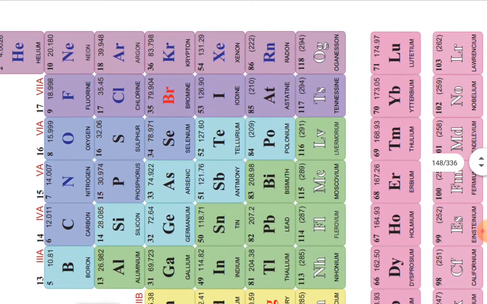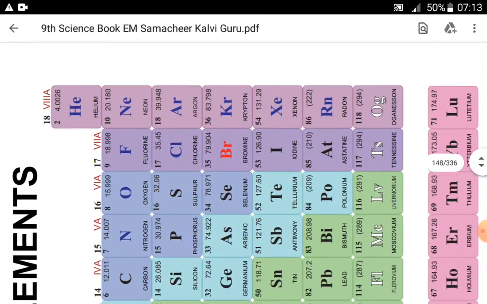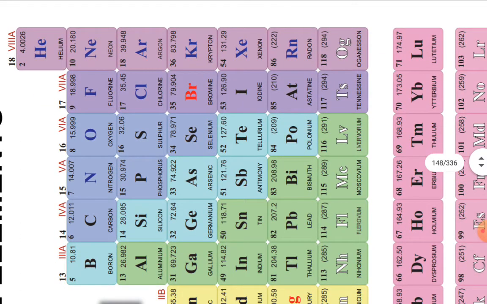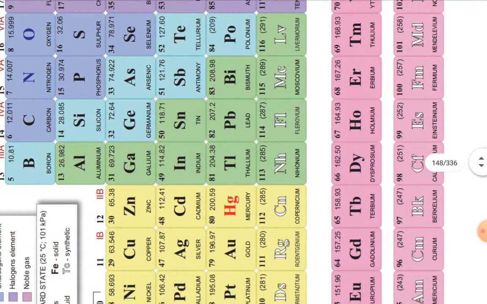Then the 16th group: oxygen, sulfur, selenium, tellurium, polonium, livermorium. Then the 17th group: fluorine, chlorine, bromine, iodine, astatine, and tennessine. Then the last group, called the noble gases: helium, neon, argon, krypton, xenon, radon, and oganesson. So these are the elements in the long form of the periodic table.